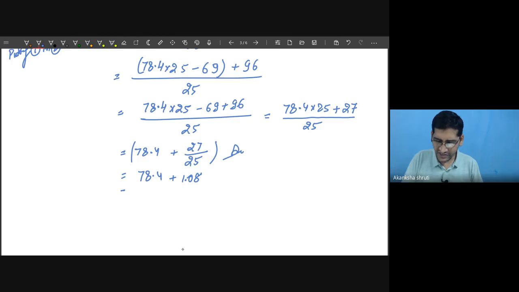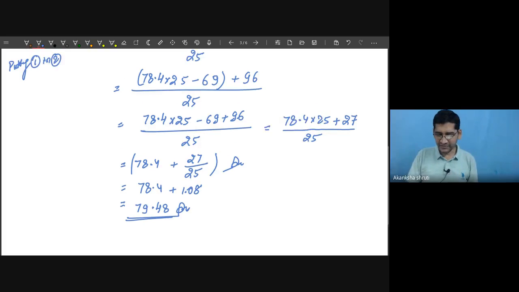Go for adding it. You can get 79.48 is the correct mean. What was the earlier mean? The earlier mean was 78.4, but the corrected one is 79.48.